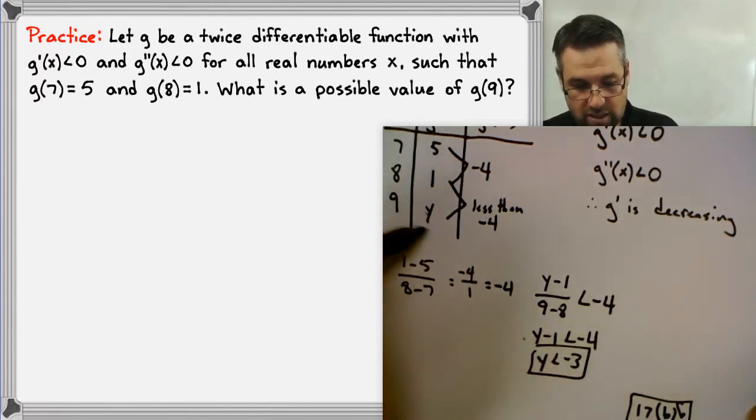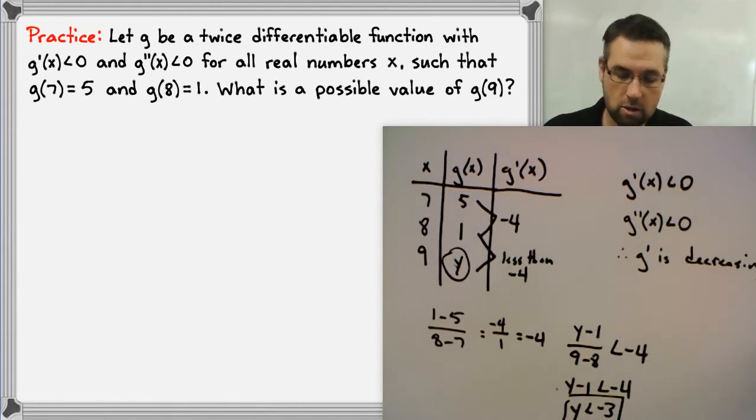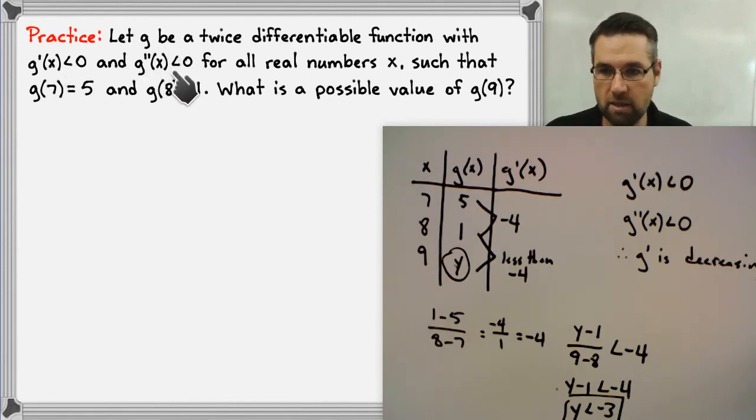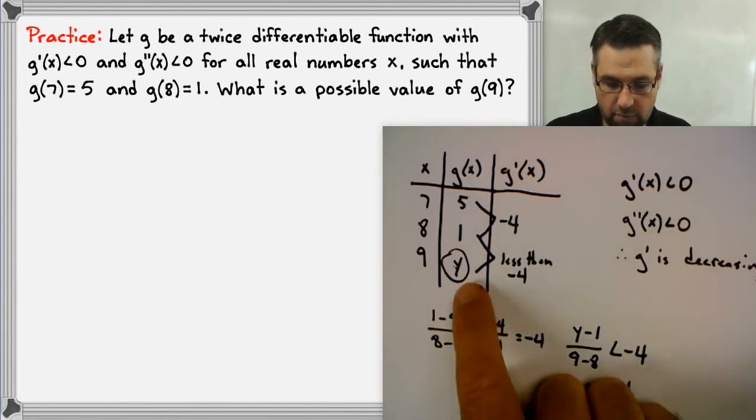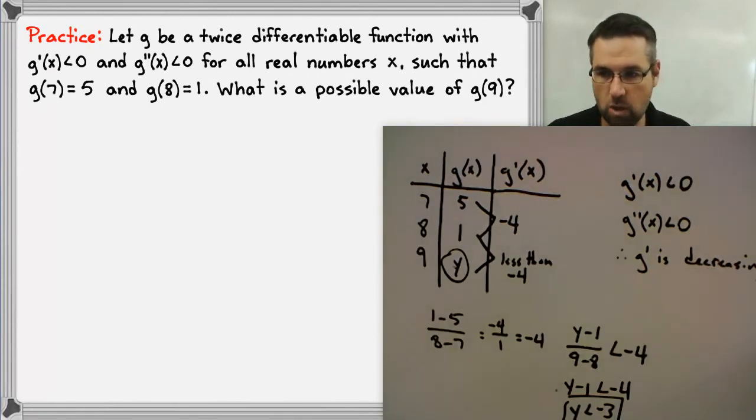So as long as this value is less than negative 3, the idea of G prime being negative, it's obviously going to be negative, and the idea of G double prime being negative will hold true. And we can test that. If I were to plug in -3 here, -3 minus 1 is -4, over 9 minus 8 is 1, -4 over 1 is -4. That doesn't work.